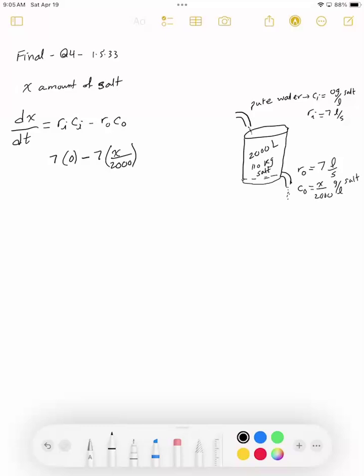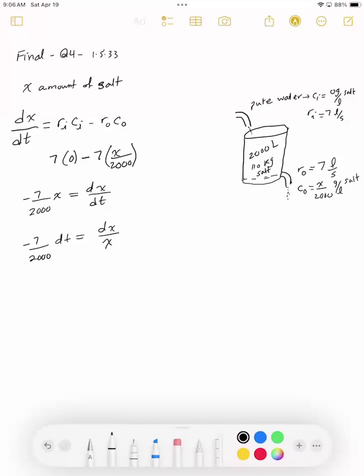So 7 times 0 is 0. We get negative 7 over 2,000 X is equal to dx over dt. I'm going to cross multiply, I get 7 over 2,000 dt is equal to dx over x.